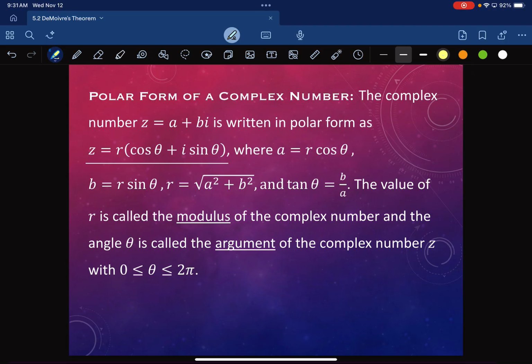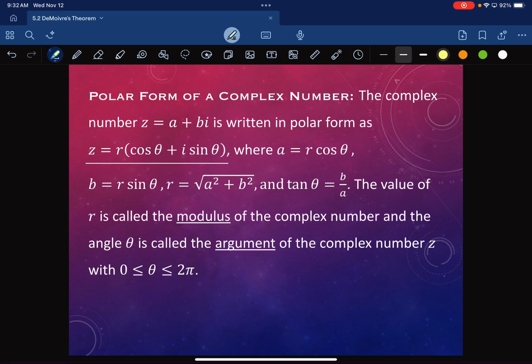So the polar form of a complex number, z equals a plus bi, is written as z equals r times cosine theta plus i sine theta, where a is equal to r cosine theta and b is equal to r sine theta. r is the square root of a squared plus b squared. The tangent of theta is b over a.